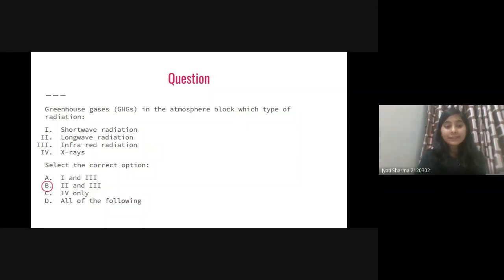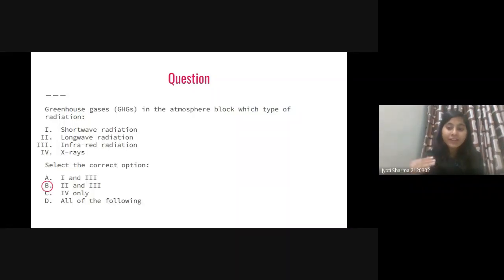B is the right answer. Infrared radiation and long wave radiation. Infrared radiation is part of the long wave radiation. As I told you, whenever the sun is radiating, that will be short wave radiation.